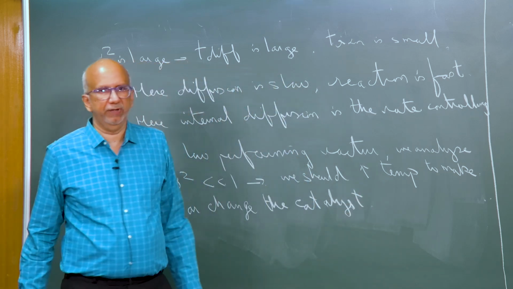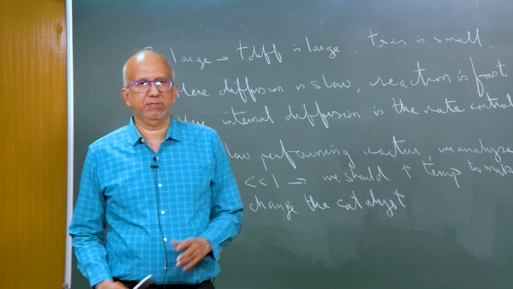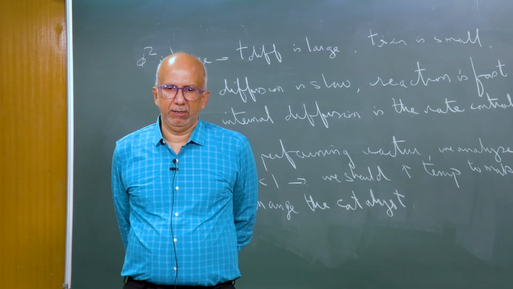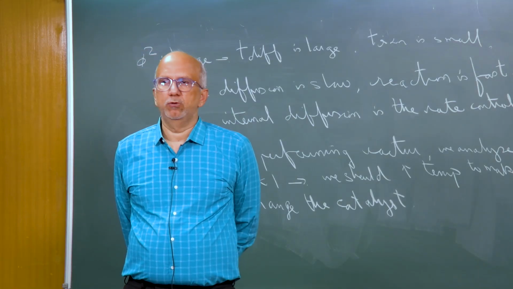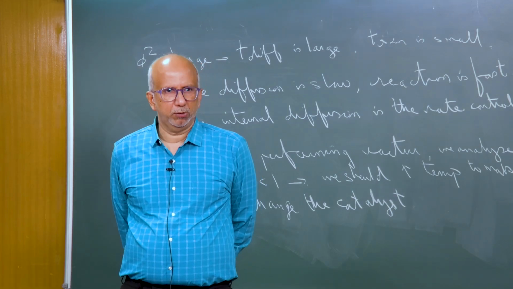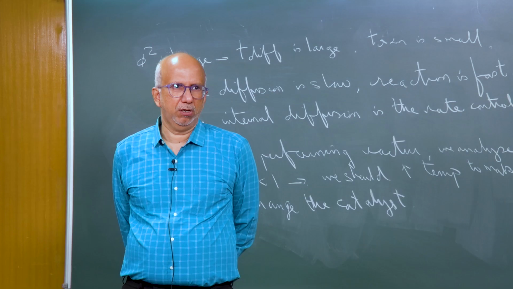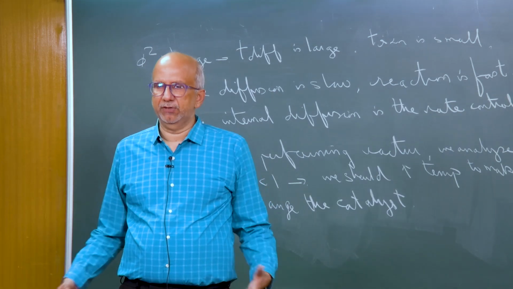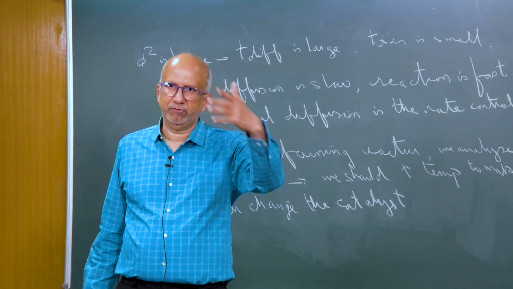Those are the two things we have to do. So you have a system where you are not getting enough performance, and you do this analysis, find phi squared. Turns out phi squared is low. So you have to change the catalyst or increase the temperature to make the reaction faster. So reaction which is slow will become faster.